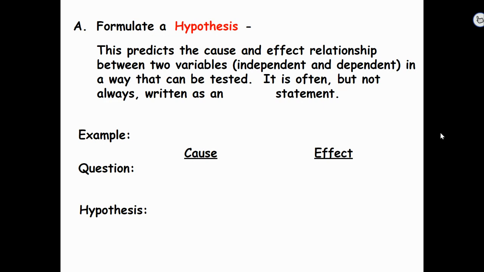We call that educated guess a hypothesis. All right? You can see this predicts the cause and effect relationship between two variables, those variables being independent and dependent. And then the key thing is test it. We have to be able to test our hypothesis. If we can't test it, it's not science.